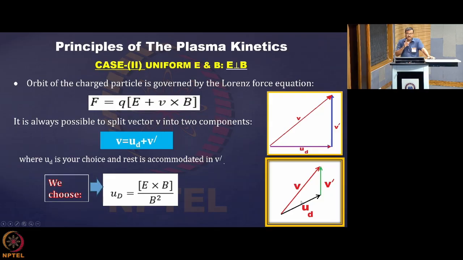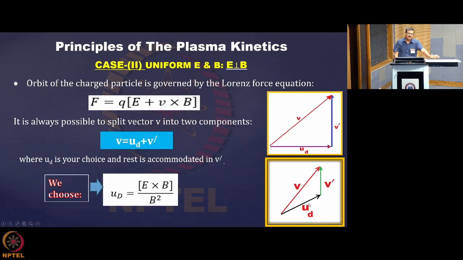Suppose you decide to fix the component ud. You want to split a vector into two parts, and one part you decide, okay, this is my fixed vector. The other vector can always be found, because there are infinite combinations possible to compose a vector of certain magnitude and direction.